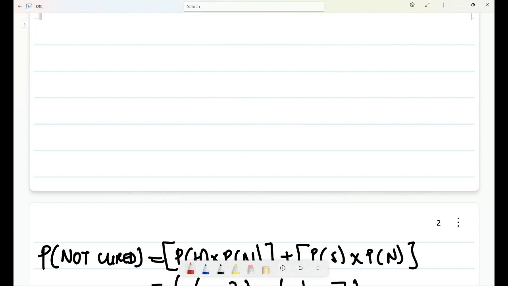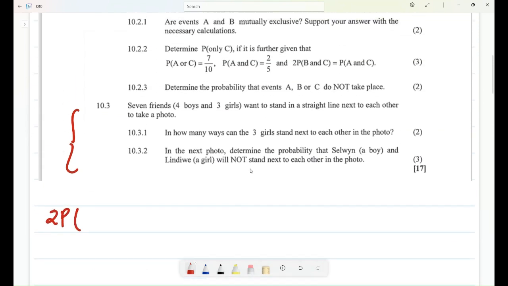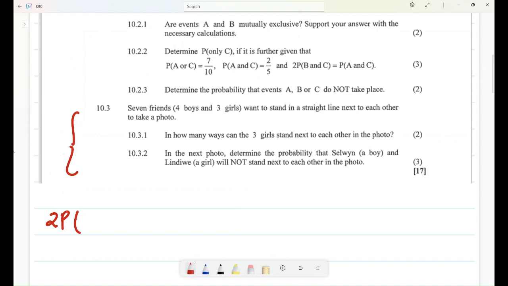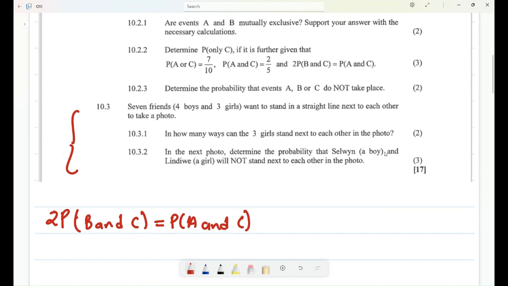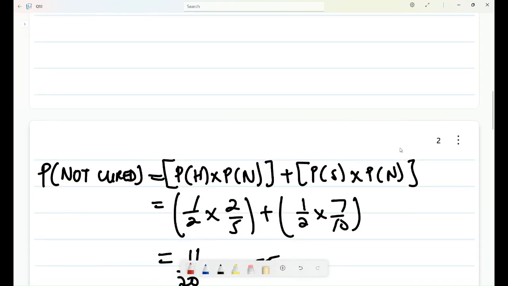I'm saying now we are told that twice probability of B and C is equal to probability of A and C. But now, what is probability of A, B, and C? B and C we don't have, right? But we have A and C, so we can substitute thereof.